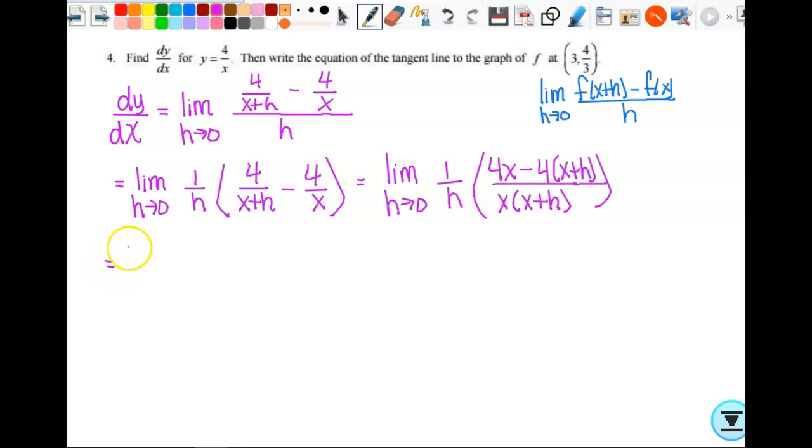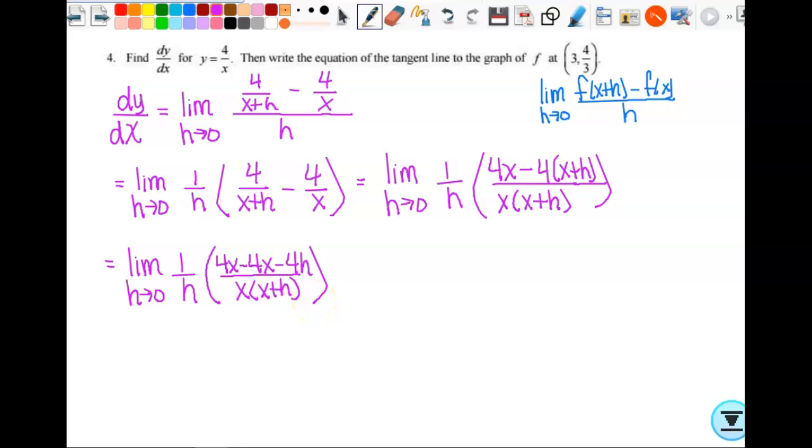So then this is equal to the limit as h approaches 0 of, oops, I still have my 1 over h. 1 over h times, okay, so in the denominator I still have x times x plus h. In the numerator, I'm going to have 4x minus 4x minus 4h.